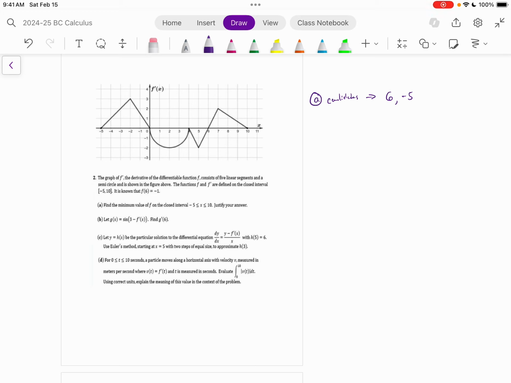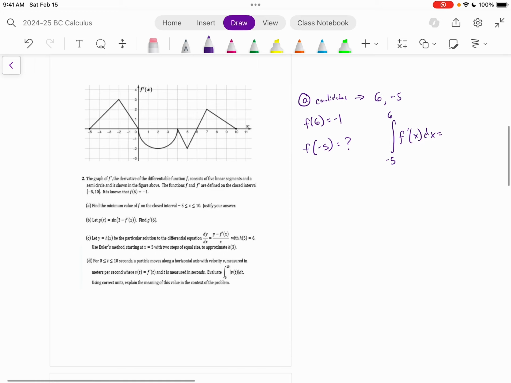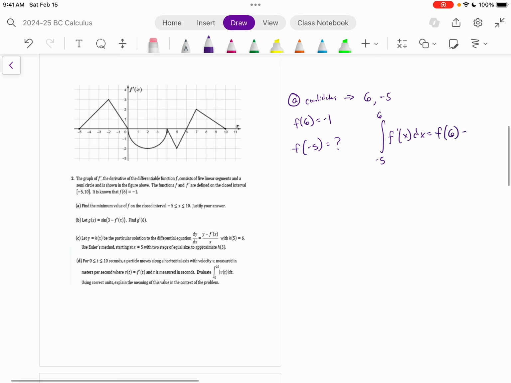And we know f of 6 is negative 1. So we have to find what f of negative 5 is. Well, we know that the integral from negative 5 to 6 of f prime of x dx has to equal f of 6 minus f of negative 5, right? Some fundamental theorem for us.